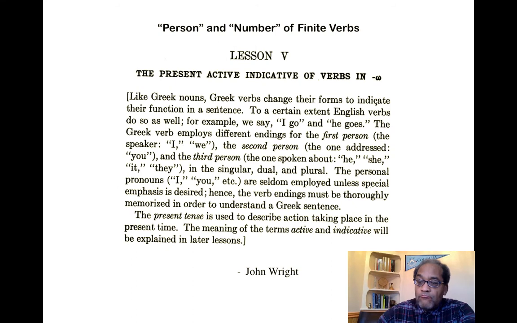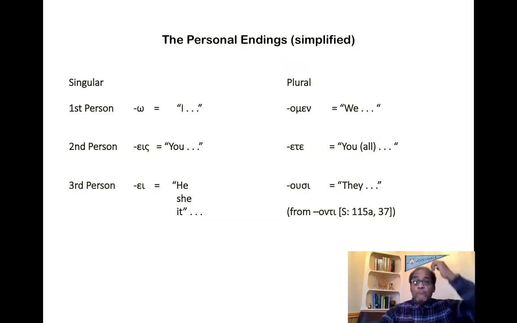Okay. So, just down and dirty, here are the endings for the persons and numbers. The first person singular, I, will be signaled by the ending omega. The second person singular, you, by the ending eis, epsilon, iota, sigma.